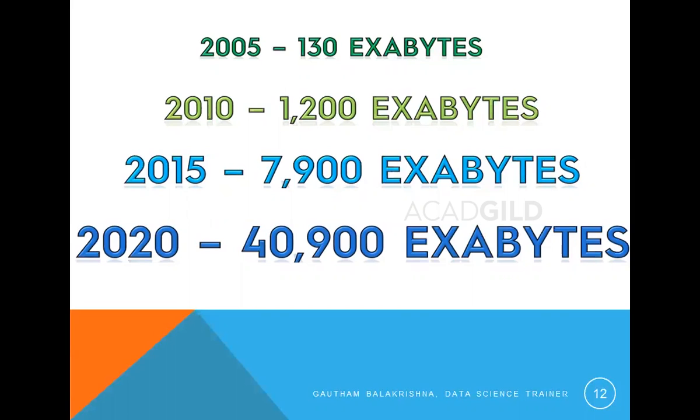And by 2015, this information is again multiplied further. And I think as of today, we have 8,000 or 9,000 exabytes of data in the system. And they say that by 2020, the amount of information generated on a day-to-day basis by various systems and software and mobile applications is so huge that we are going to reach about 40,000 exabytes.